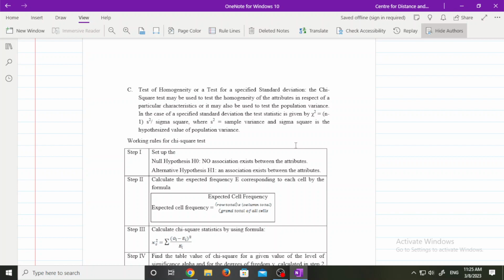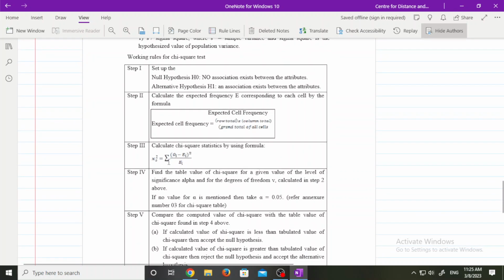In the case of specified standard deviation, the test statistic is given by chi-square is equal to (n minus 1) into s square divided by sigma square, where s square is the sample variance and sigma square is the hypothesized value of population variance.